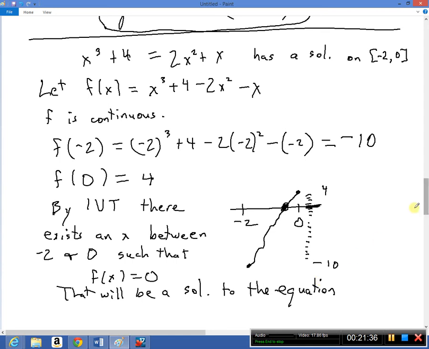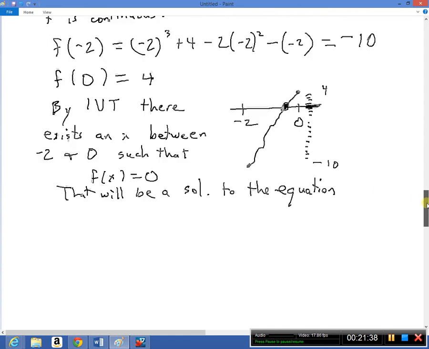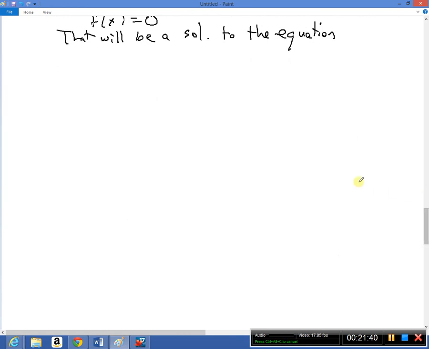Number 9, again, was a problem with limits and continuity that caused some trouble for people. The question says to figure out whether we have continuity from the left and continuity from the right at each of these 3 places. So what I'm going to do is not write the function, but just calculate here.